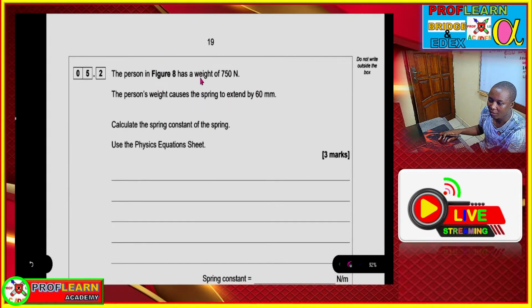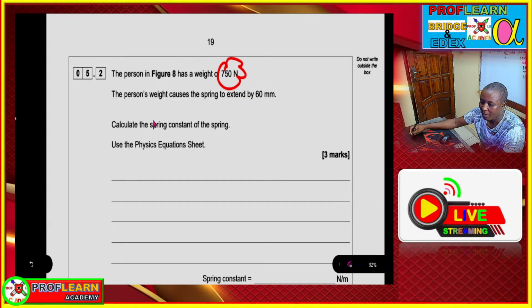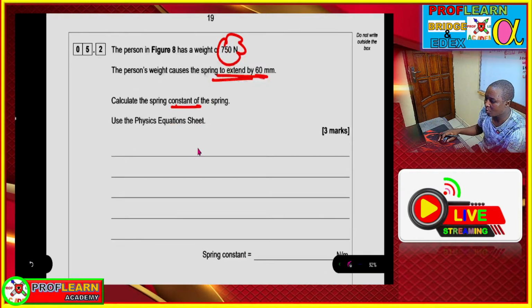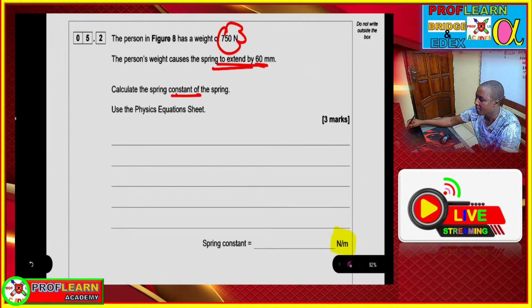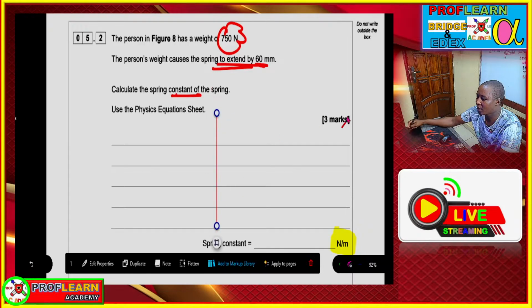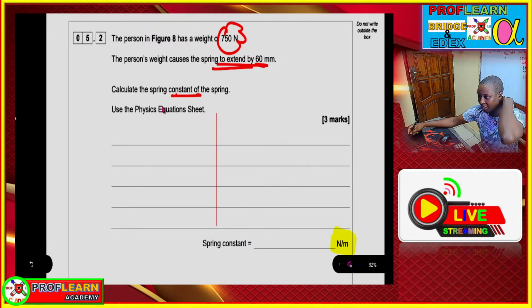How much is the spring going to stretch? The person has a weight of 750 newtons, and the person's weight causes the spring to extend by these millimeters. Then calculate the spring constant. You have to check in which unit the spring constant is given: in meters. So for you to work out the question, you have to ensure that the extension is also in meters.